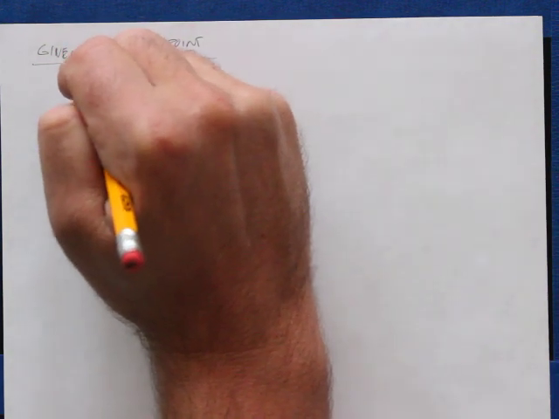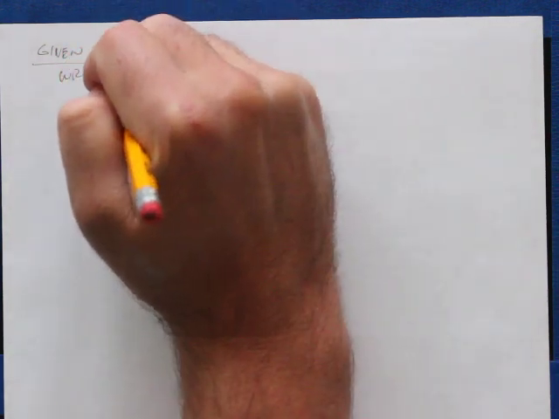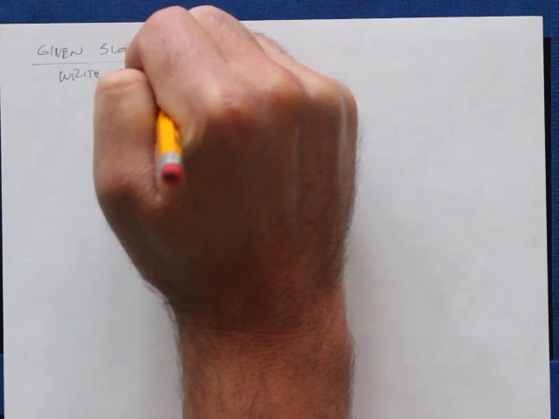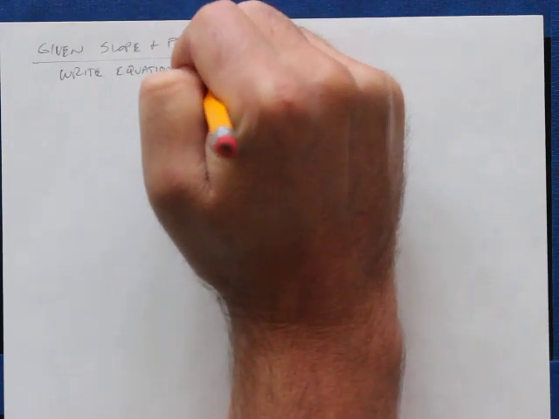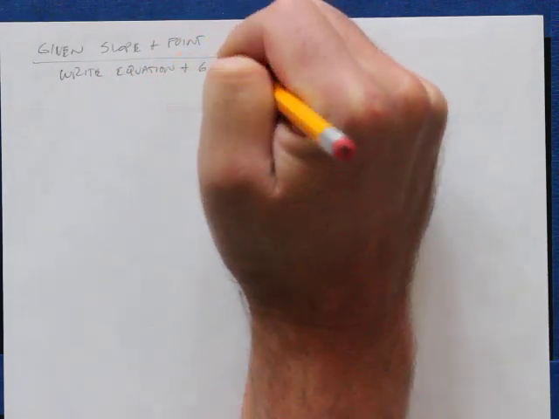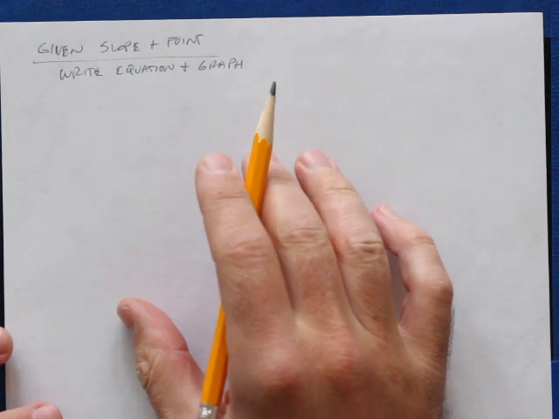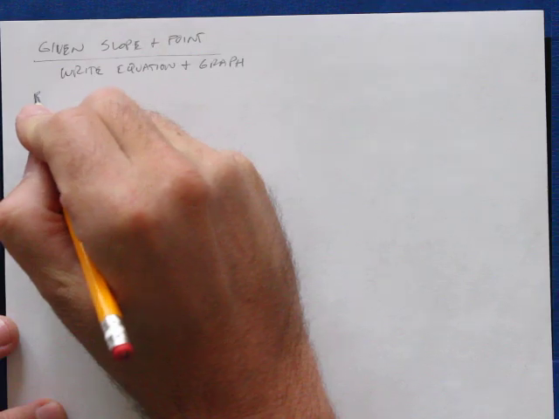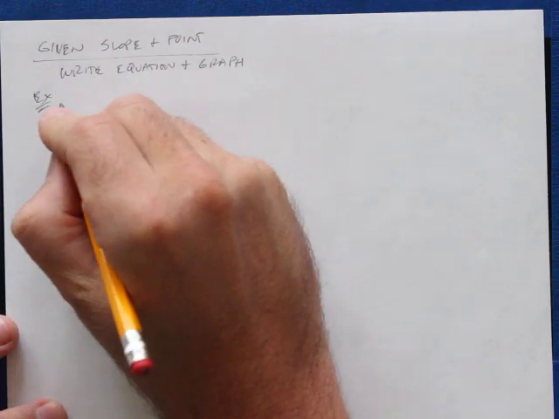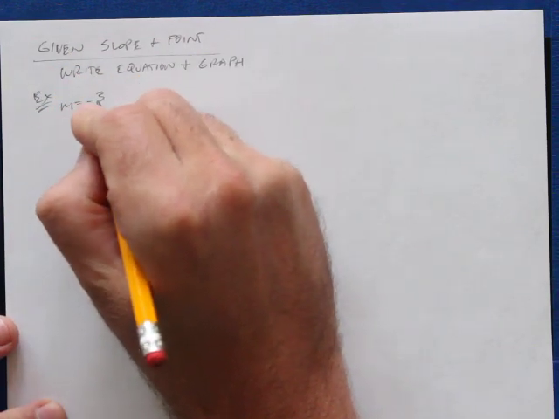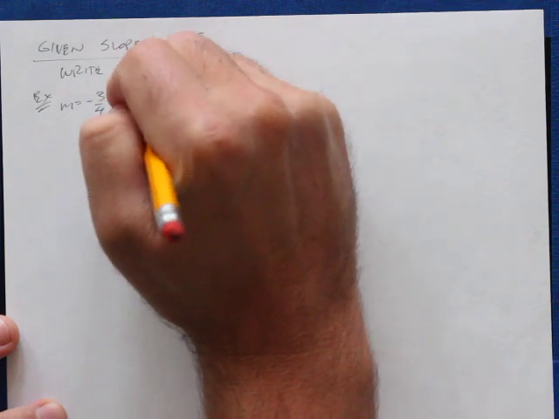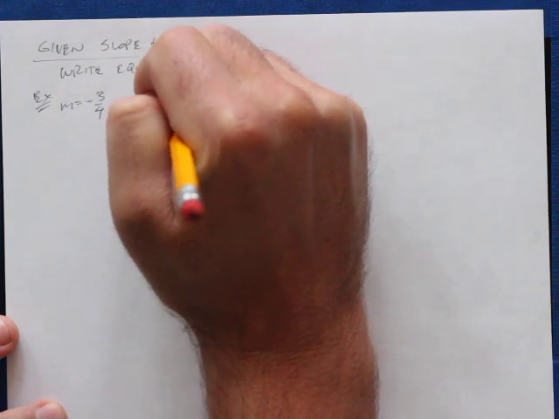So again, we're going to write an equation and graph. So for this first example, we've got the slope is -3/4 and the point is -2, 5.